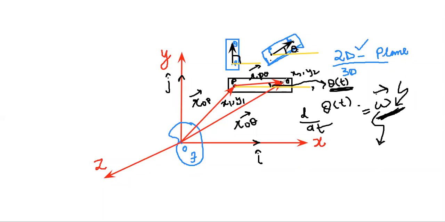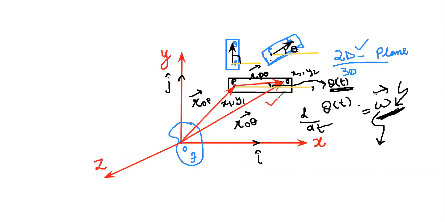But as long as this duster is lying on the xy plane, it has two-dimensional motion. As you move this duster away from the surface of the blackboard, the z coordinates for both point p and point q will change, and it will have three-dimensional motion.